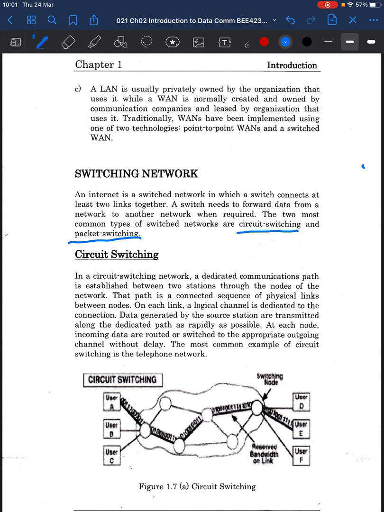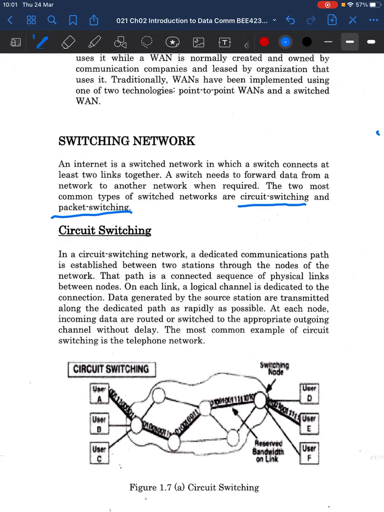The data generated by the source are transmitted along the dedicated path as fast as possible. At each node, incoming data are routed or switched to the appropriate outgoing channel without delay. The most common example of circuit switching is the telephone network.